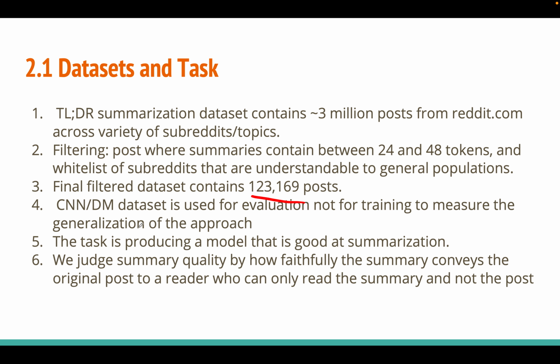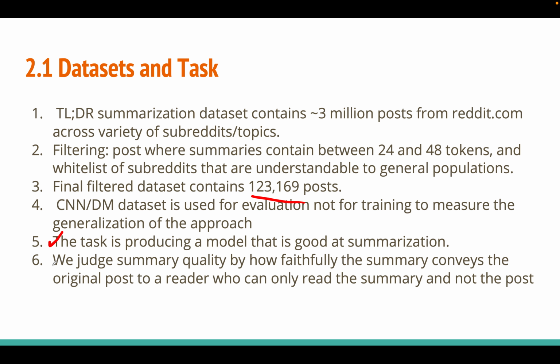And they also use a second dataset called CNN/DM, which is a news summarization dataset, and they use it only for evaluation and not for training. This is to measure the generalization of the approach. Then the task, as you know, is to produce a model that is very good at summarization, and whose summaries humans prefer.